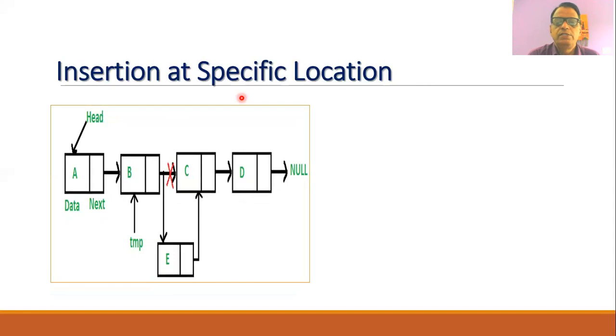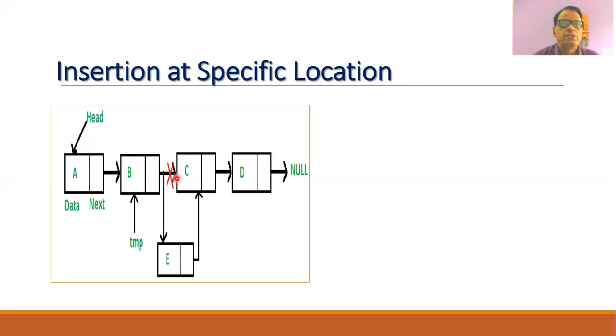Now, suppose you want to insert the element at a specific location in the linked list, then what is to be done? Suppose this is the linked list, this is the start or head pointer, which will point to the first element, which will consist of the data and the next pointer. Now, suppose you want to insert after the second element.